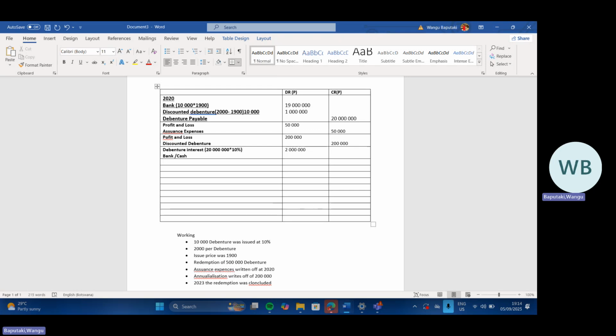I credit the discounted debenture with 200,000.